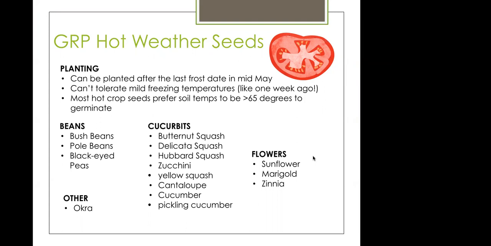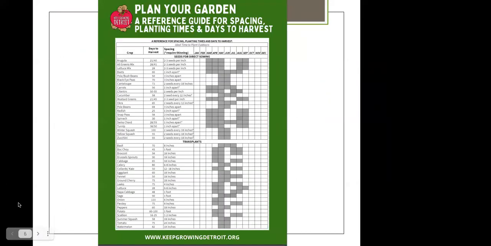All right, so here's a list of the plants that we're going to be talking about today and that you all will be getting from our hot crop distribution. And this has also been emailed to you all as well. Another thing that you all should have received is our Plan Your Garden document.